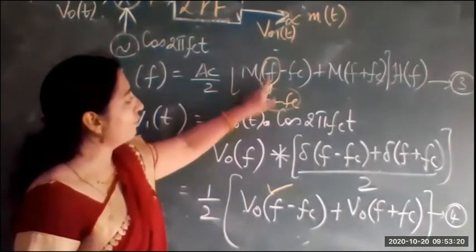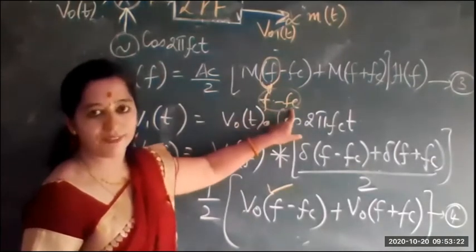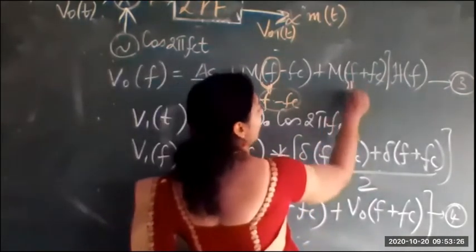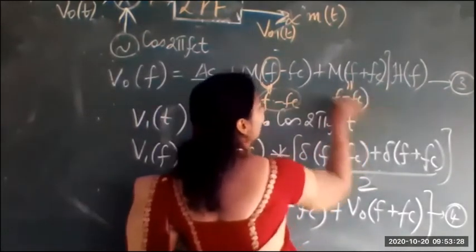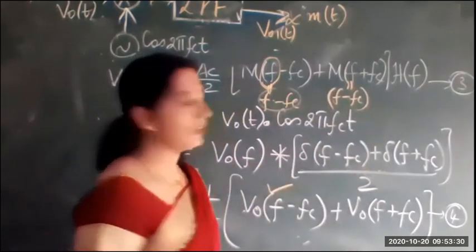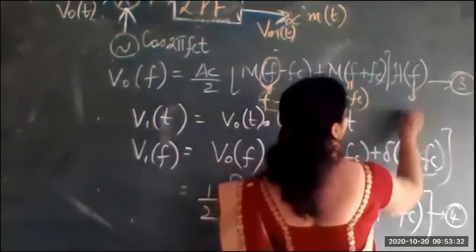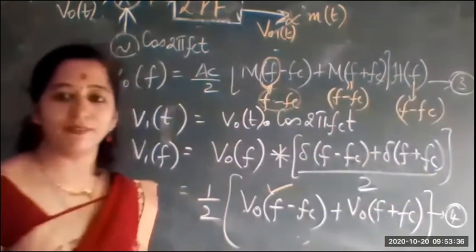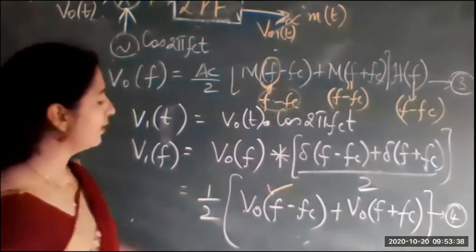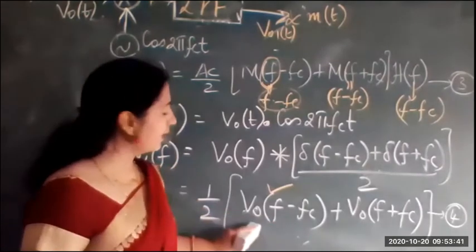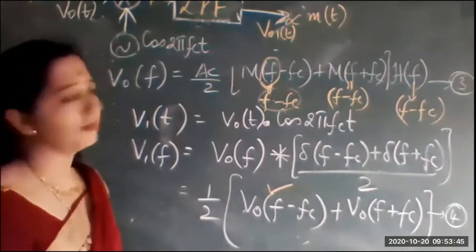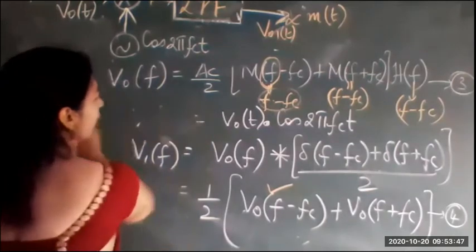In all places, wherever you have F, you replace it with F minus Fc, then it becomes V naught of F minus Fc. Do it and check what you get.